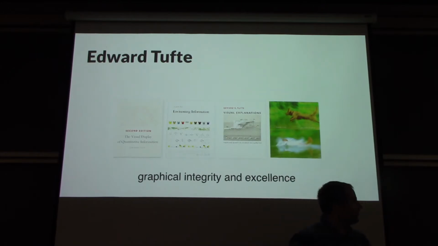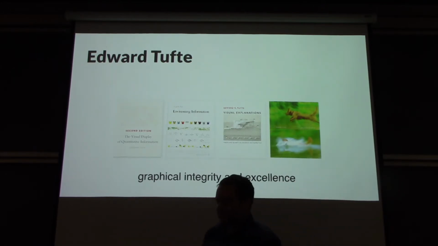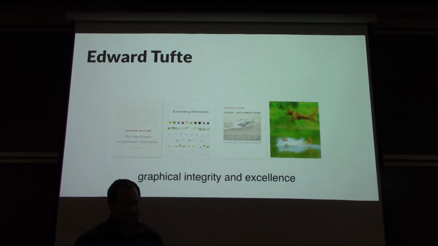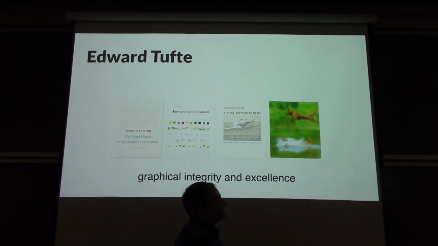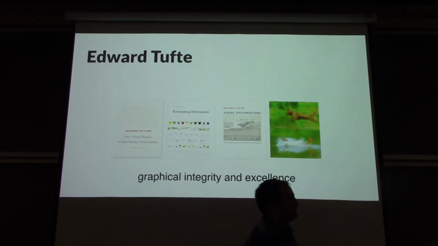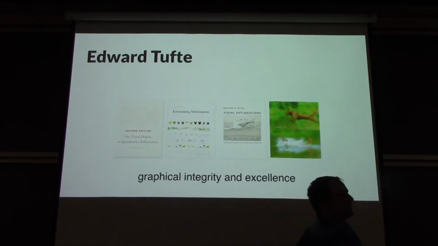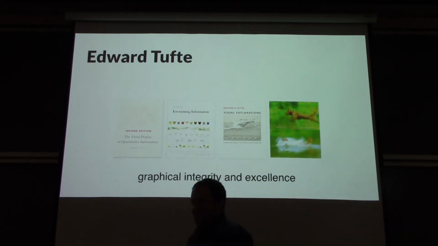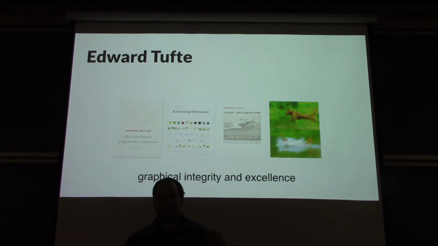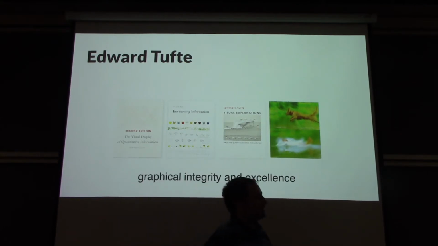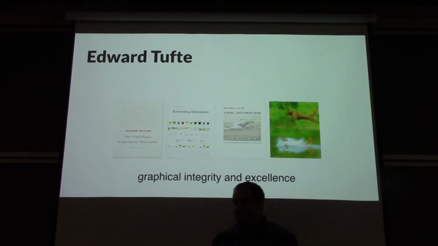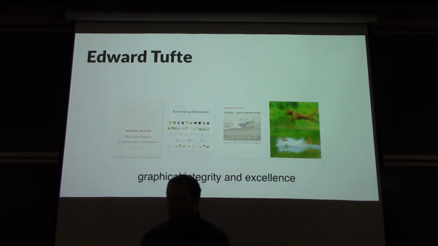He wrote four books and others, but these are the visualization books, like The Visual Display of Quantitative Information. They are really nice curations of interesting historical examples. He is a proponent of old school visualization, having everything very simple, all the charts, no extraneous elements, and so on. He cares about graphical integrity and visualization excellence.